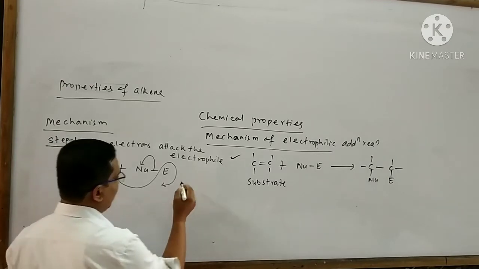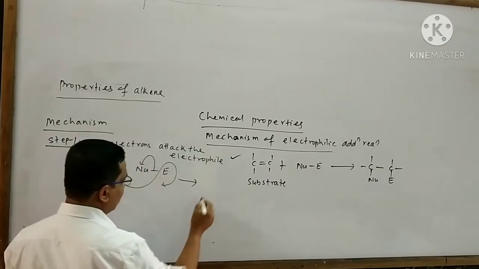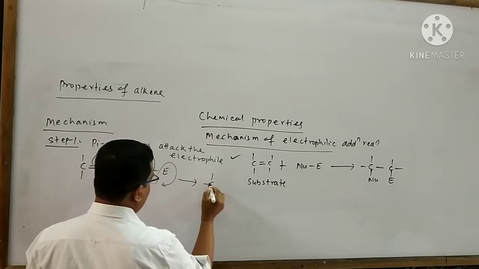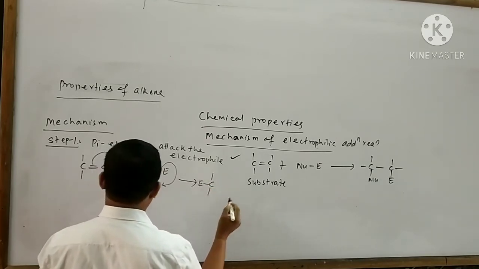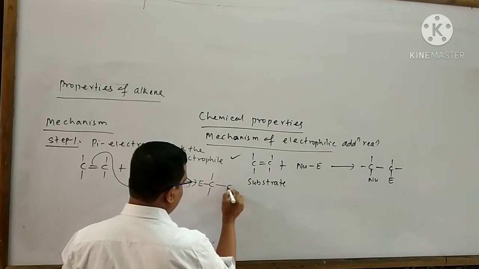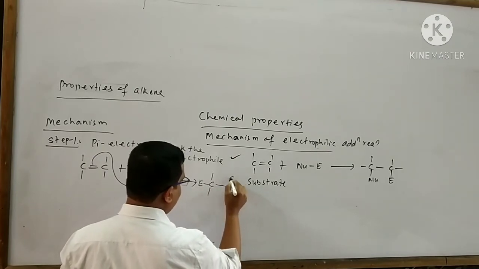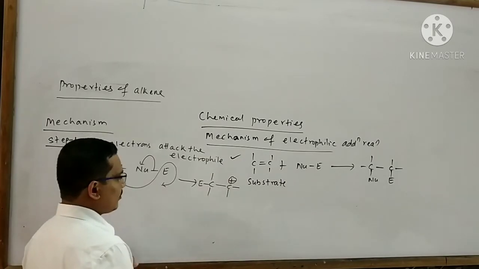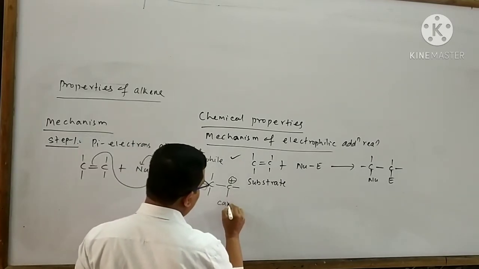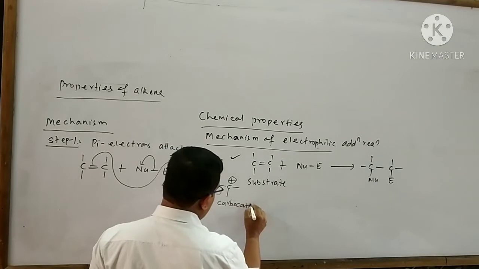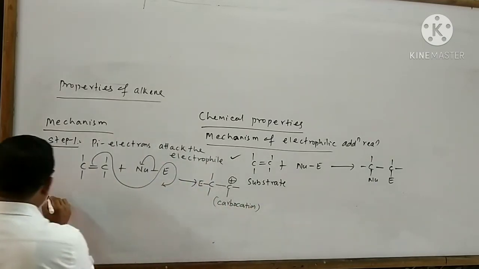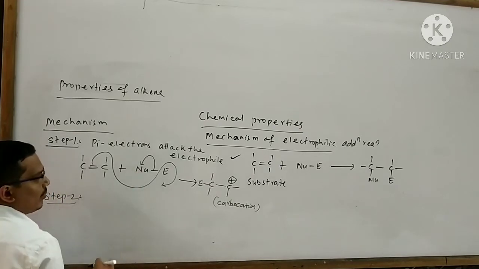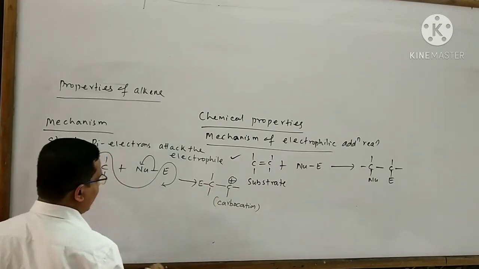So in step number 1, the species formed is said to be a carbocation. In step number 2, this nucleophile attacks this carbocation.